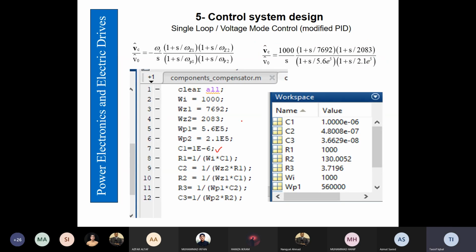We put all these values again in MATLAB, and then we get the values of R's and C's.